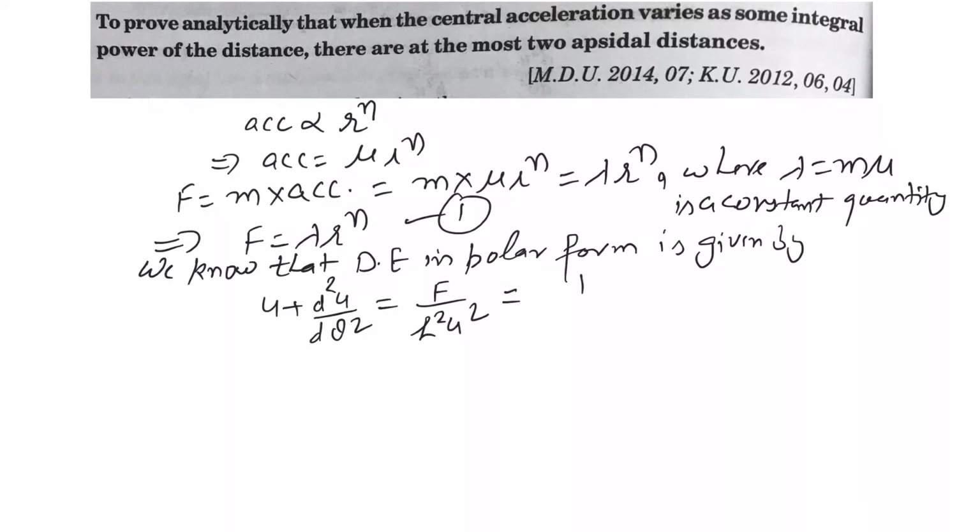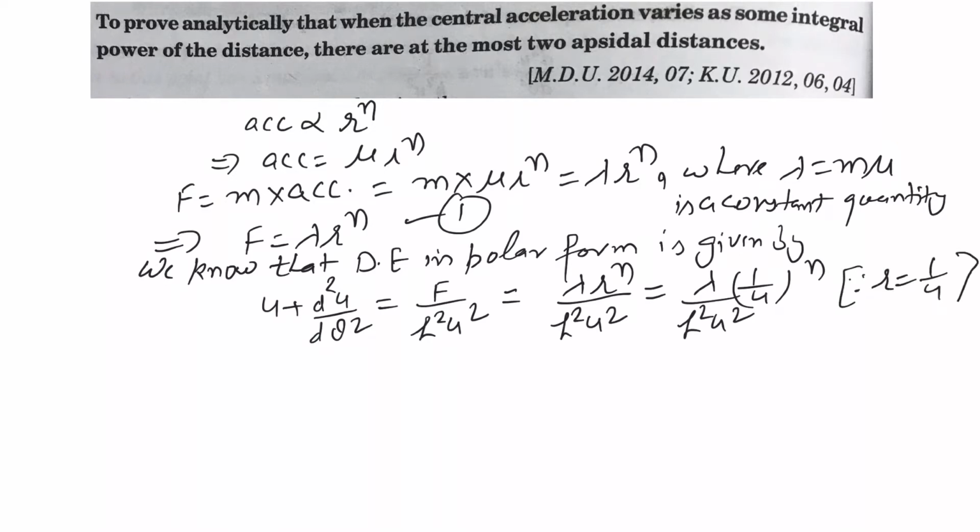This will give lambda r raised to the power n over h² u², and you know r is 1 by u, because r is equal to 1 by u. This implies that u plus d²u/dθ² is equal to lambda over h² u raised to the power n plus 2.